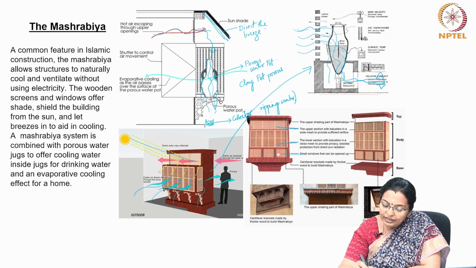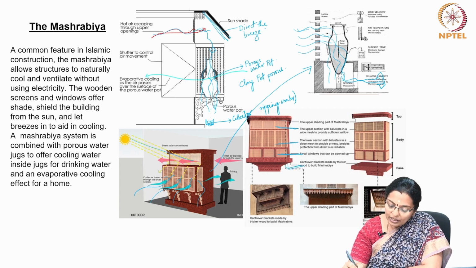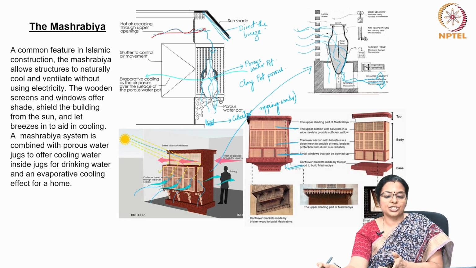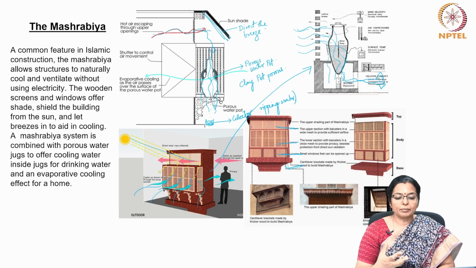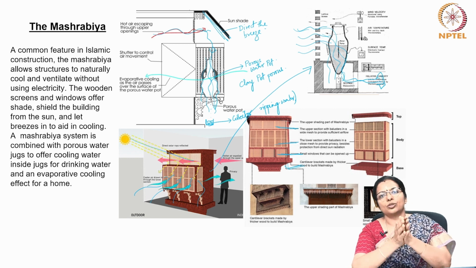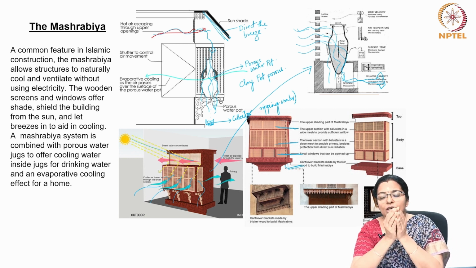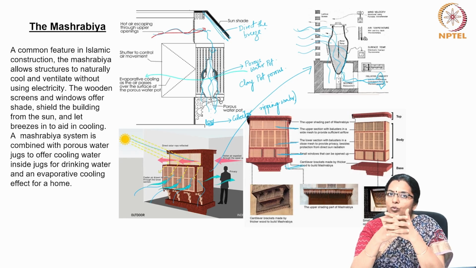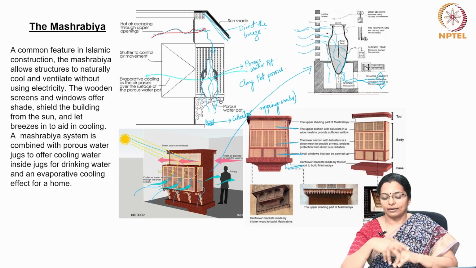You have small windows which are openable, and then there are cantilever brackets, and this whole element becomes an architectural feature of Islamic architecture, and it is called the mashrabaya. But actually it functions to cool the breeze inside through direct evaporative cooling in a passive manner.